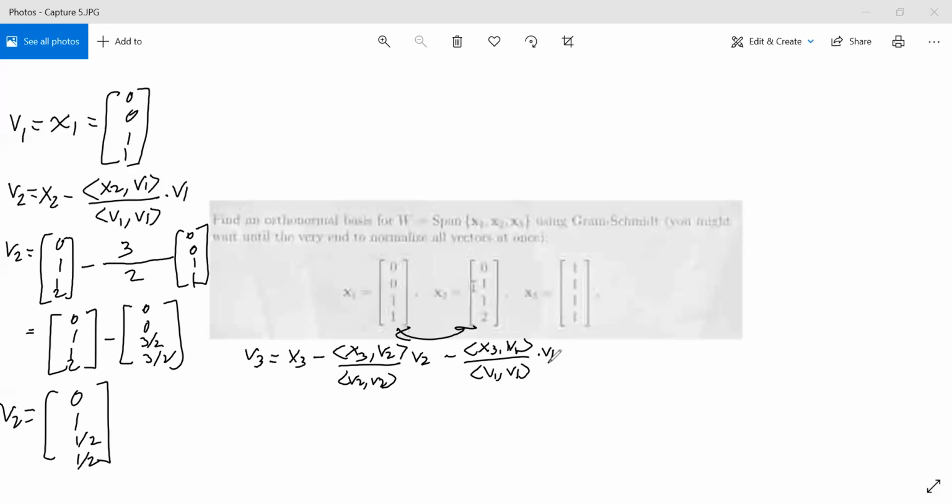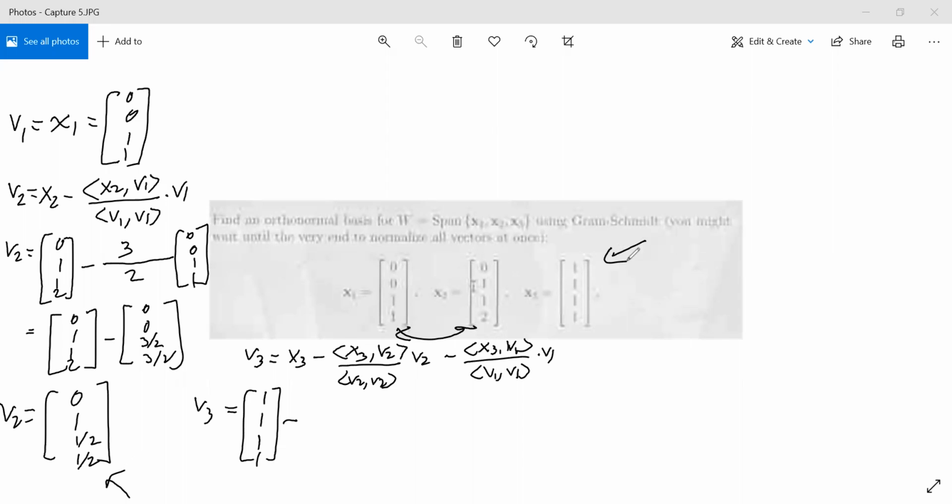That's the third vector in the set. So V3 equals X3, which is all ones, minus, now I'm going to do the inner product of X3 with V2.